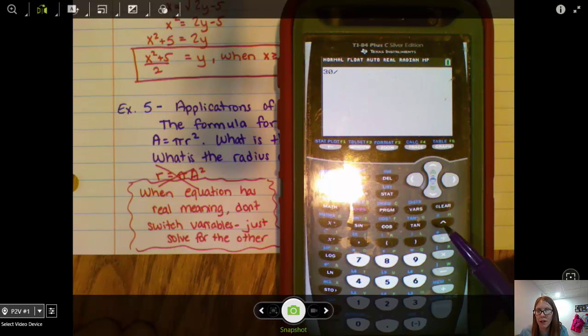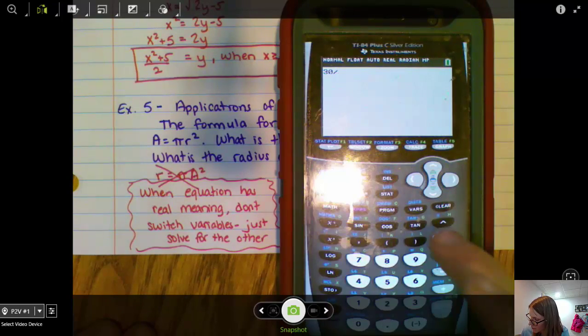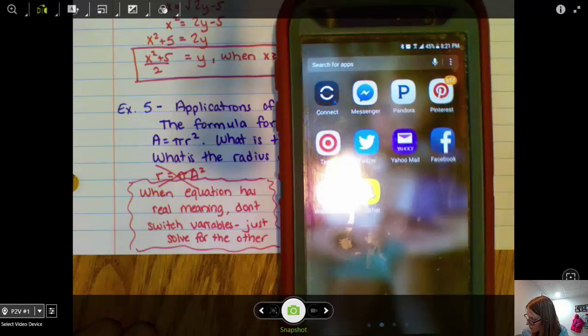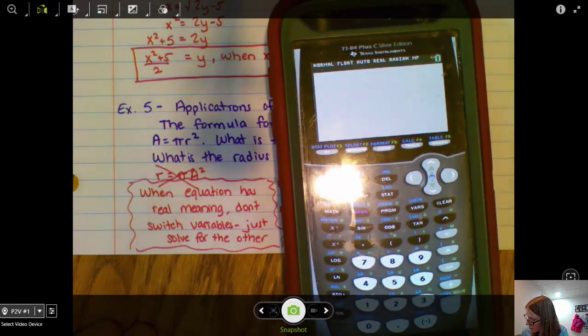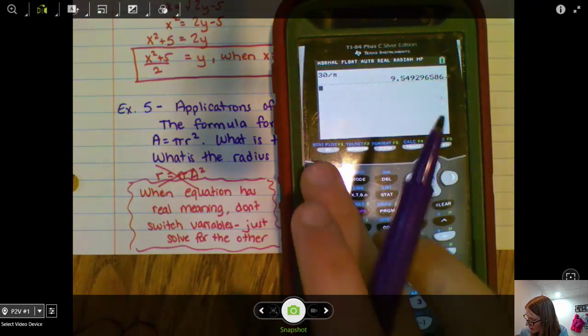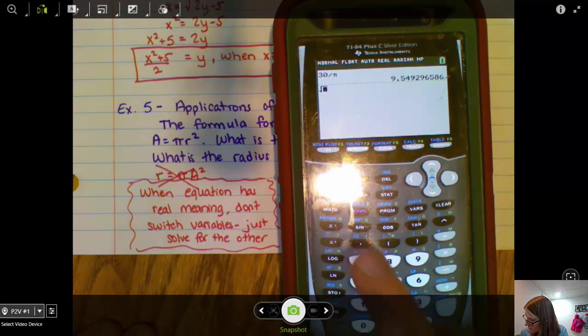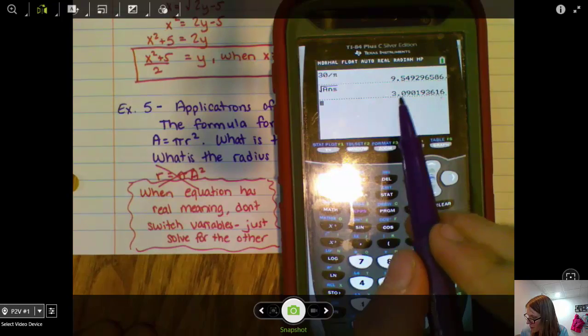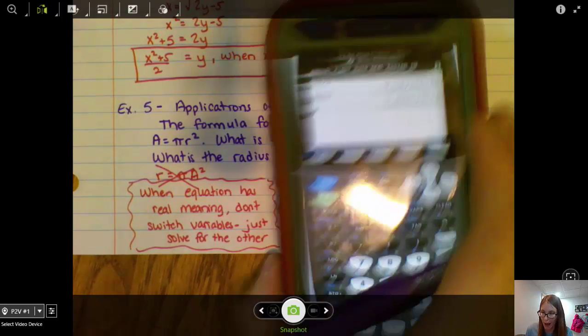The button is right here, the second, and then the caret. And then square root of that. So my radius would be about 3.09 feet.